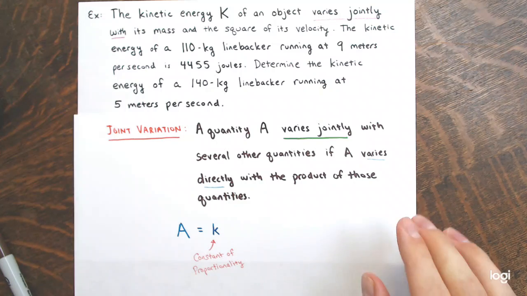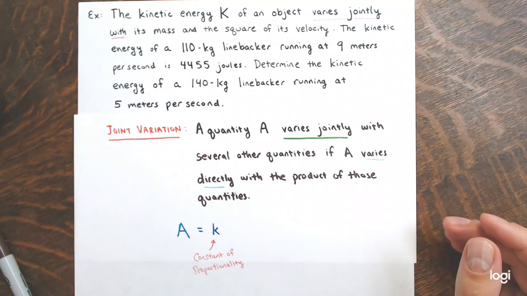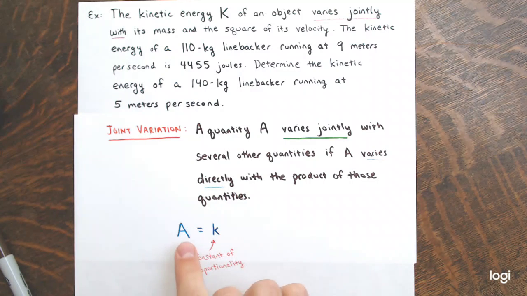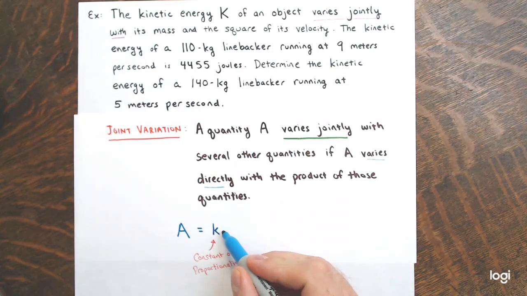So A varies jointly with several other quantities means that A varies directly with the product of those quantities, or A equals some constant multiplied by the product of these other quantities.